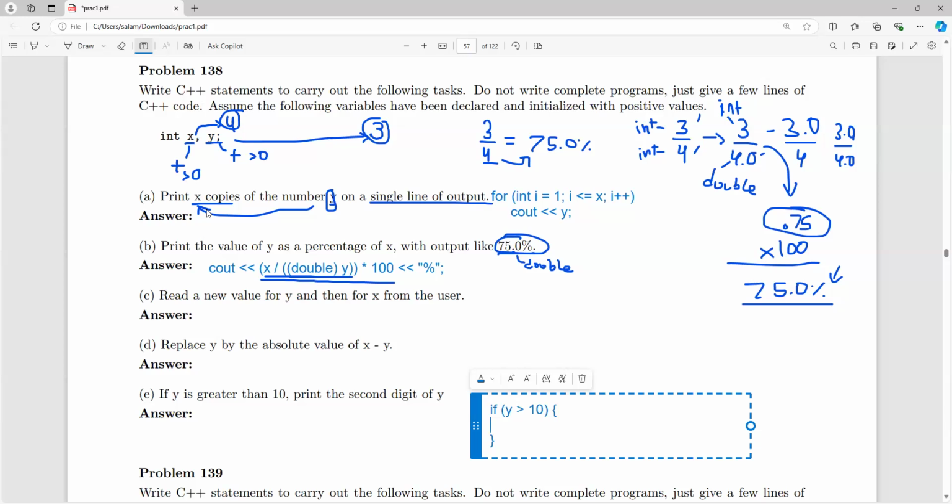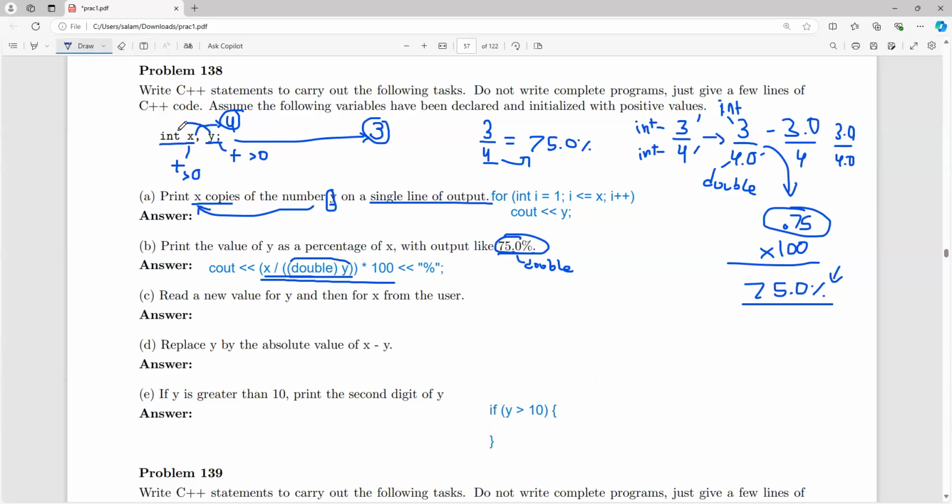So Alyssa, you're talking about this portion right here, right? Since we know that y is an int, but we need it to be a double to get a double as an answer, what we do in programming is, I believe, called typecasting.